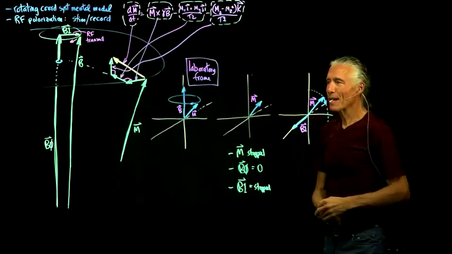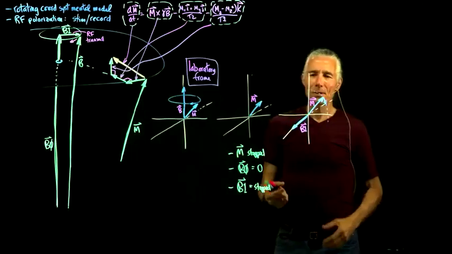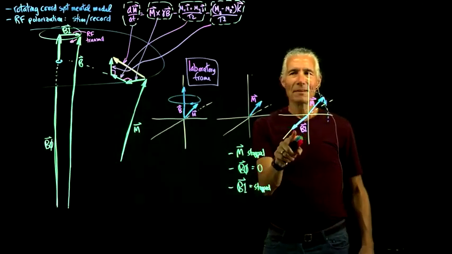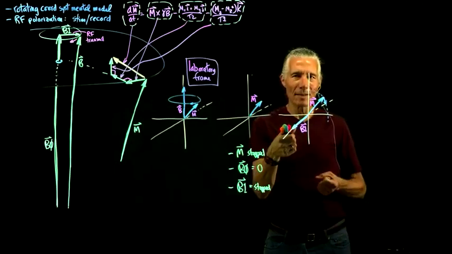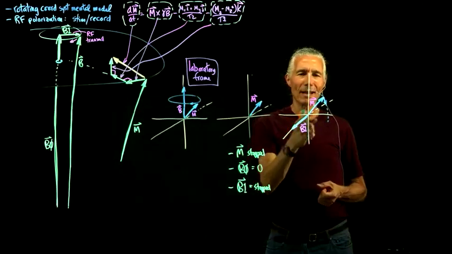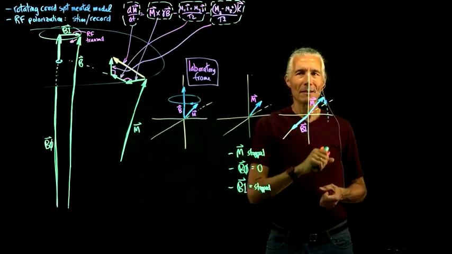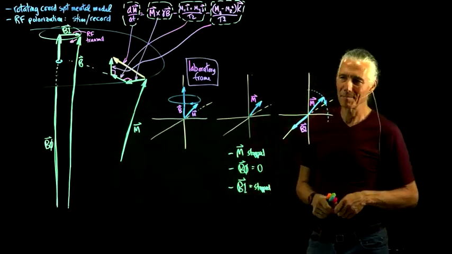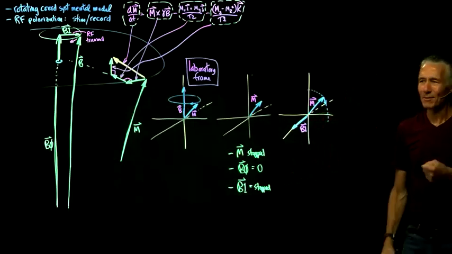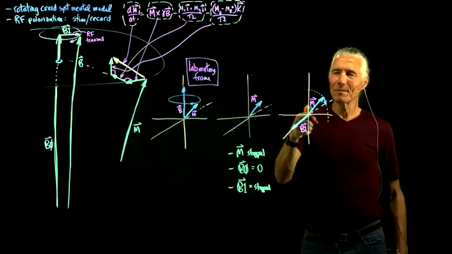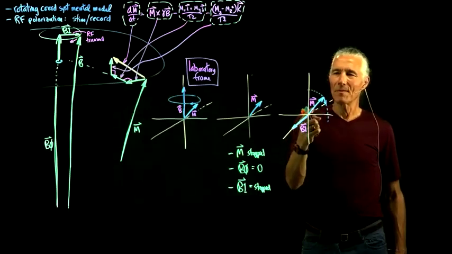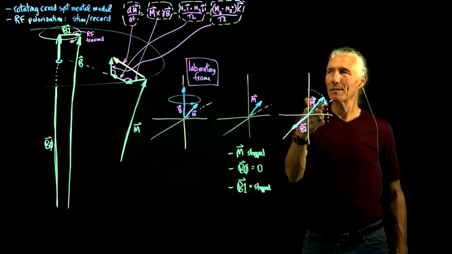So put your hand at the end of the B field, and then screw in a screw with your right hand, and that's the direction. That's the same thing as the cross product, but it's another way of thinking: you're screwing in the M vector and moving it in this direction. So that's the direction it would move.